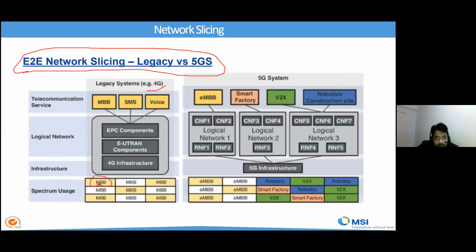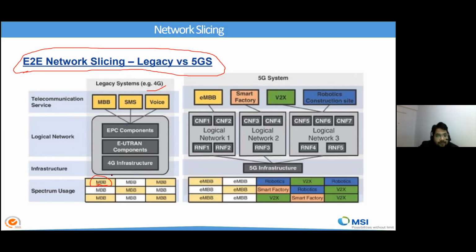And there were no other use cases in 4G like URLLC or IoT. No such use cases were defined by 3GPP during the development of 4G. So when we talk about 4G, we can see here that all the spectrum, whatever the frequency, is just available for one service, that is called MBB only, right?